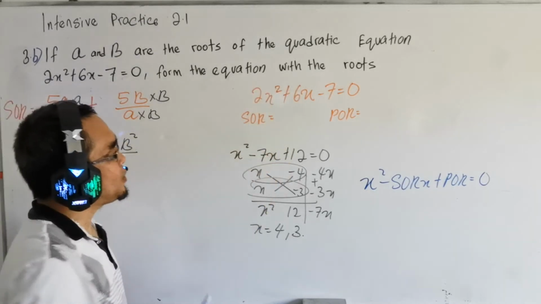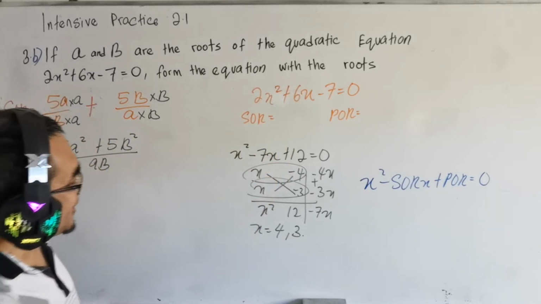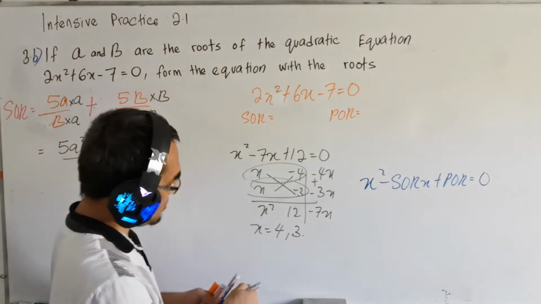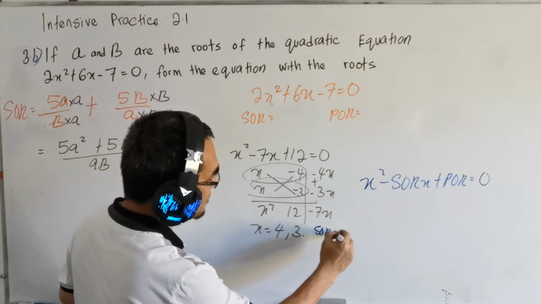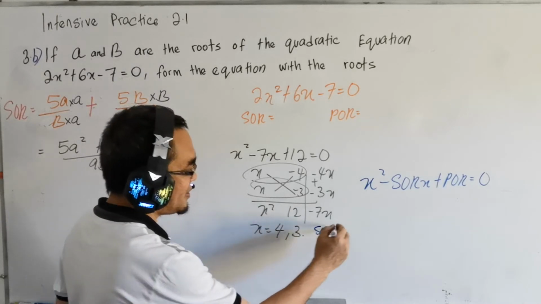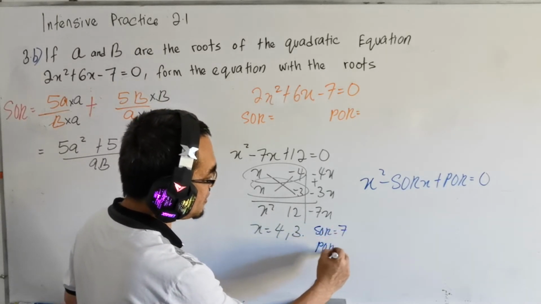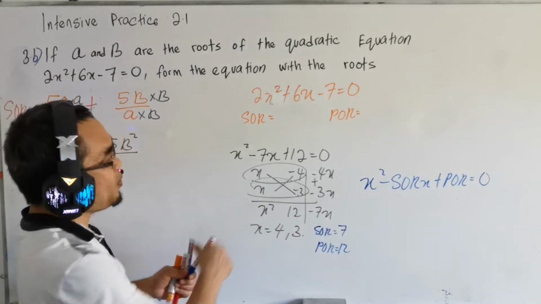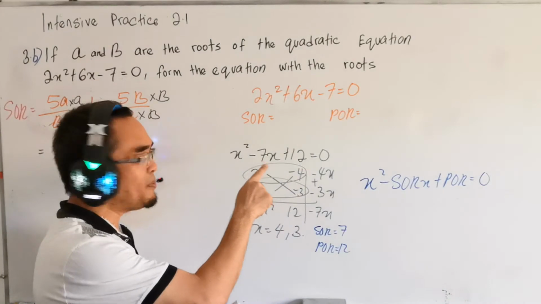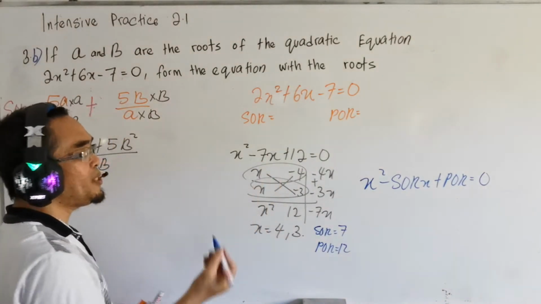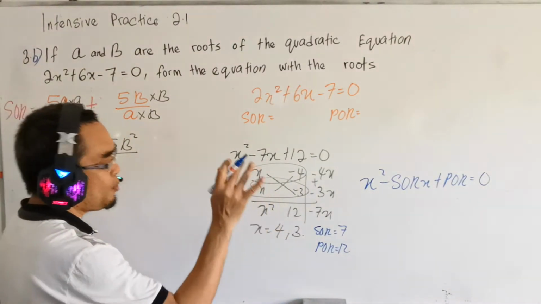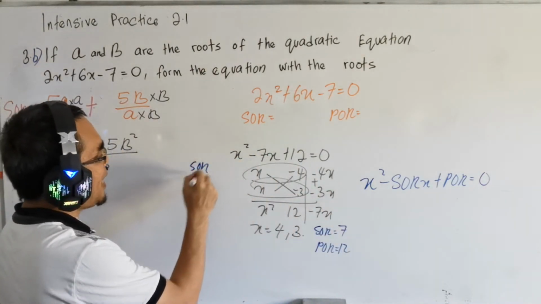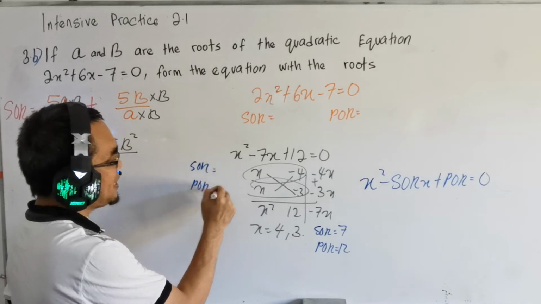So what is it related to? From the roots, we can find SOR. The SOR will be 4 plus 3, 7. POR is 4 times 3, 12. Can we find SOR and POR from the equation also? Yes, using the formula. We do not have to find the roots in order to find SOR and POR from the equation.